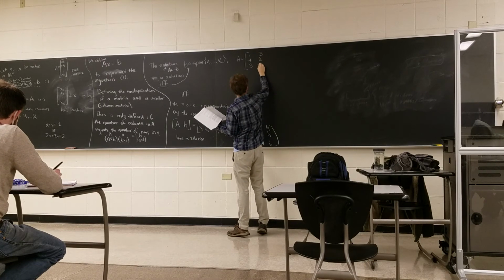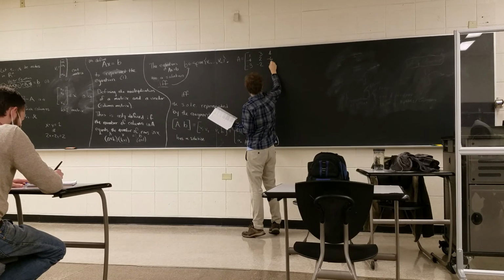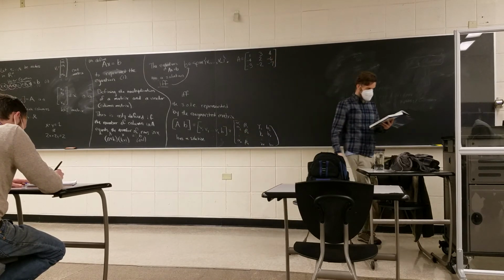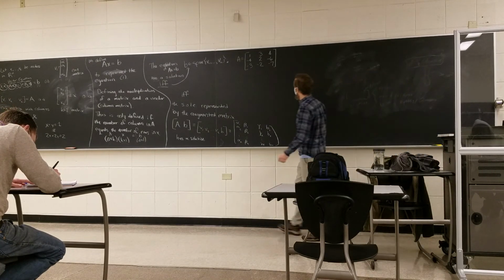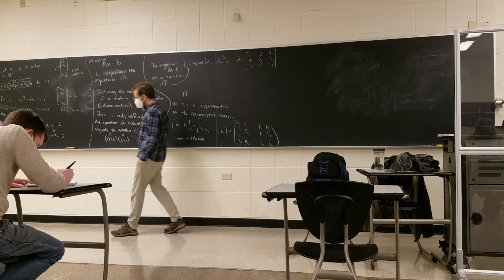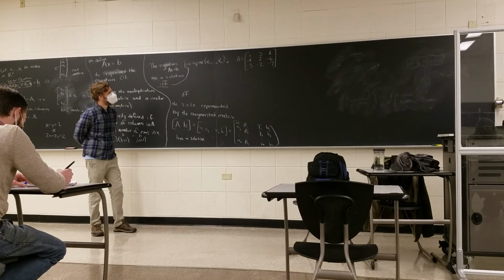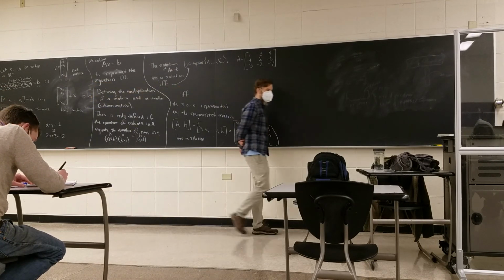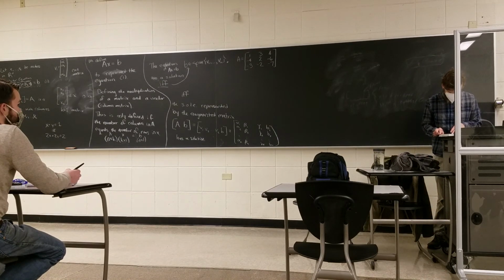3, 2, minus 2. 4, minus 6, minus 7. And b. We should do a specific example before I do the general one that's in the book.